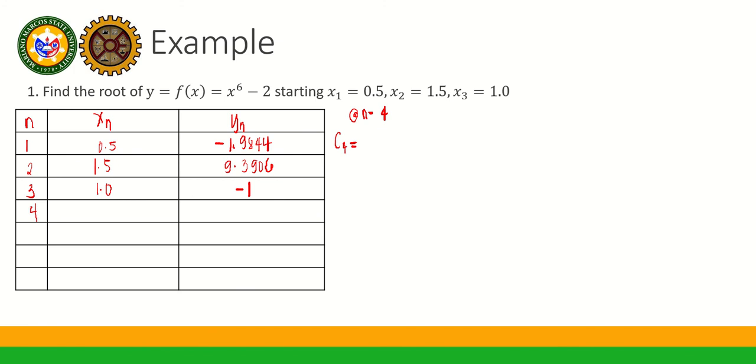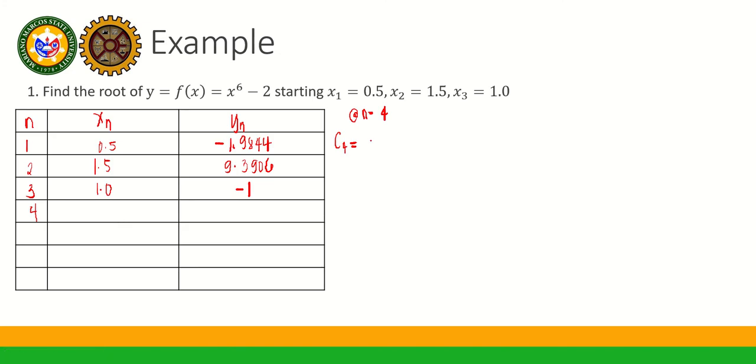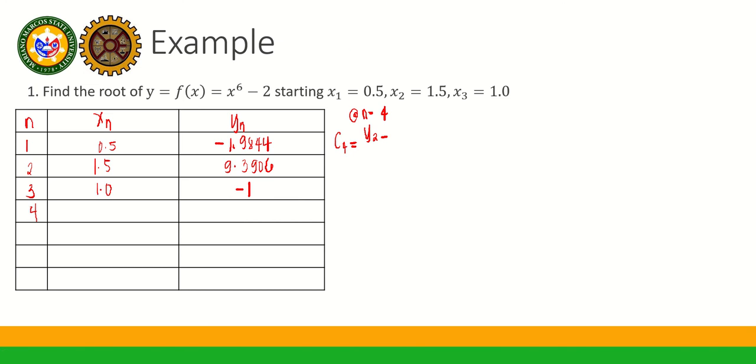So, c sub 4 is equal to, ayan, yung formula natin is y sub n minus 2 minus y sub n minus 3. So, n minus 2, 4 minus 2 is equal to 2. So, y sub 2 minus y sub n minus 3. So, 4 minus 3 is 1. So, y sub 1, all over, ganun din sa baba, which is x sub 2 minus x sub 1.